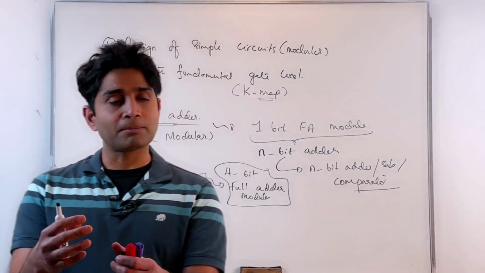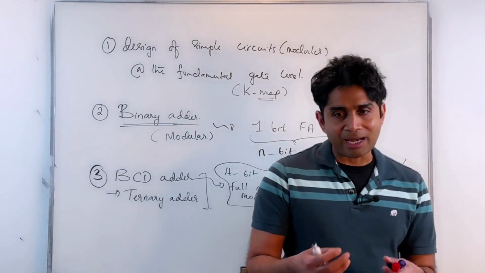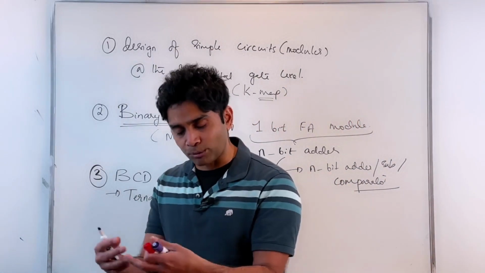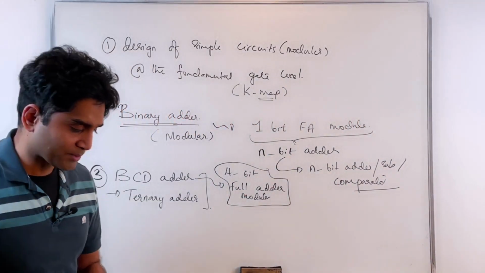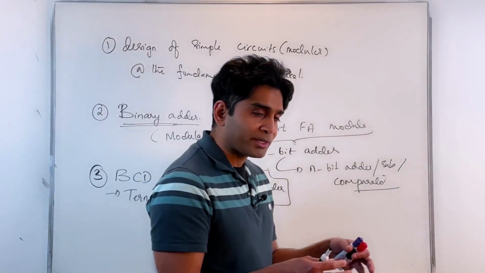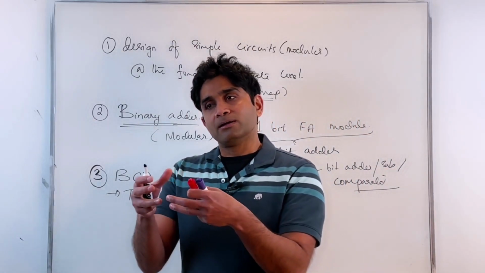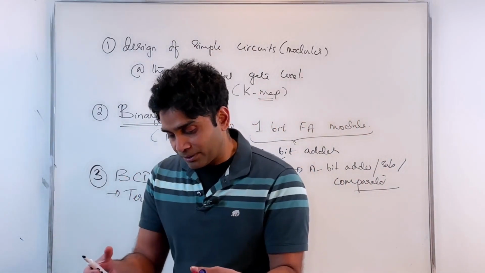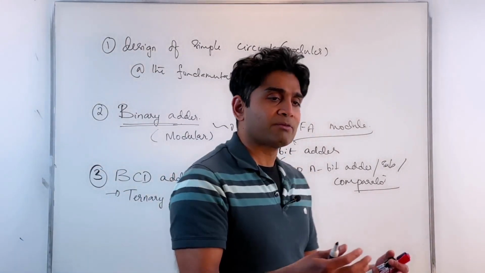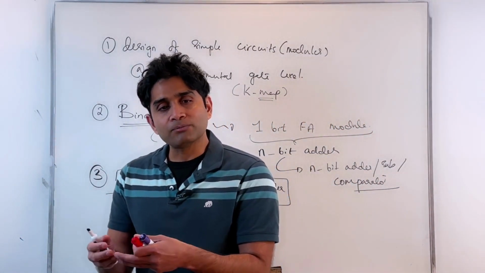So in all of these techniques, at the fundamental level, you're still relying on the fundamental gates, because each module at the end of the day is still composed of these fundamental gates, right? The only different thing you're doing when working with these pre-built modules is obtaining the gate level functionality from these modules.